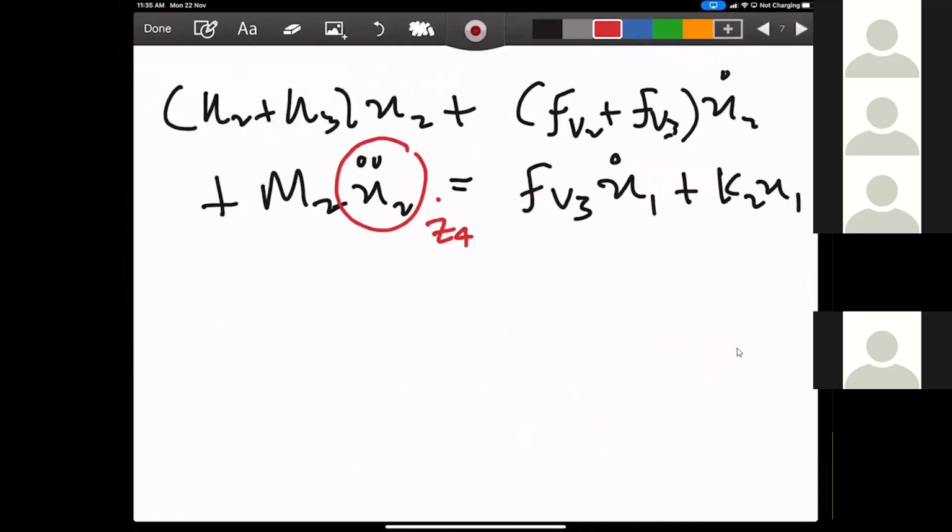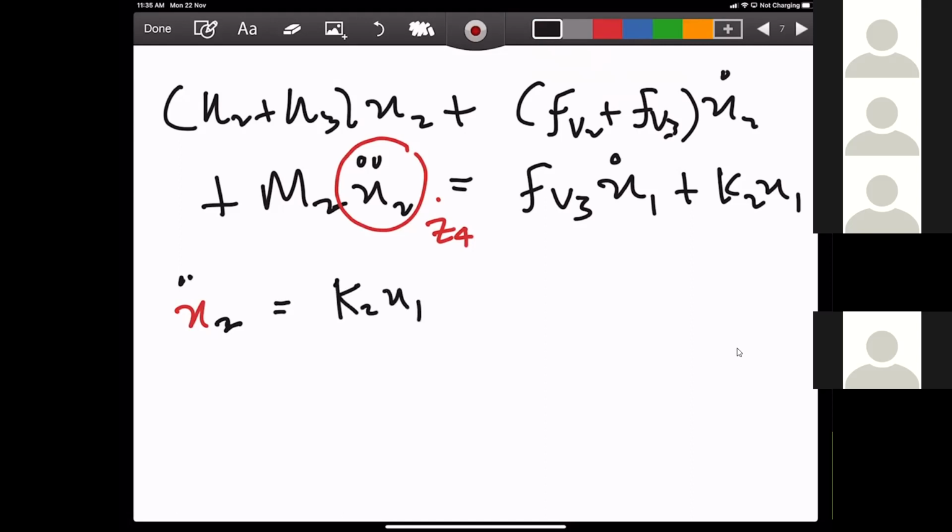Okay, so this example is not being solved. So I give you the solution so that you understand. Right, so now we move it. X2 dot is equal to, macam mana? K2 X1.